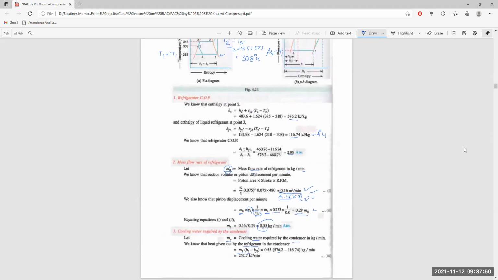So this is the enthalpy at the beginning of condensation, and this is the enthalpy at the end of condensation, multiplied by the mass flow rate. So it is the total heat content which you are supposed to remove during the condensation process itself.